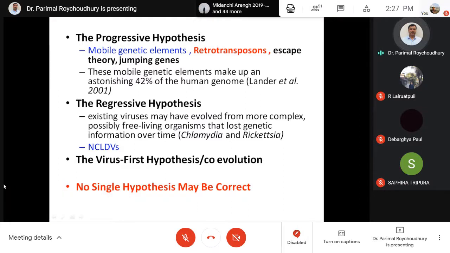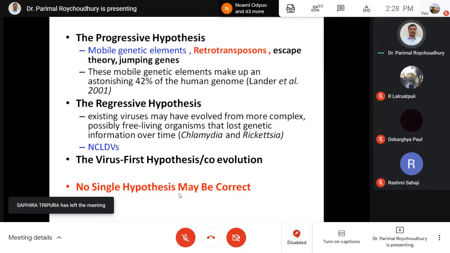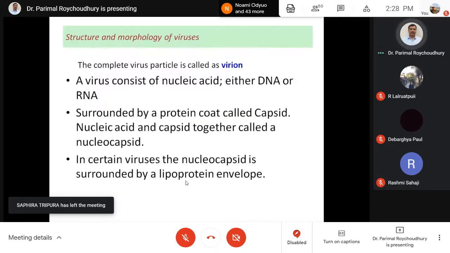And the third school of thought says no, it's co-evolution. As life exists in the world, right from the beginning it was co-evolution, the viruses were there. So these are the probable hypotheses recently published in Nature about where the viruses came into this world. So this was information you can keep with you.